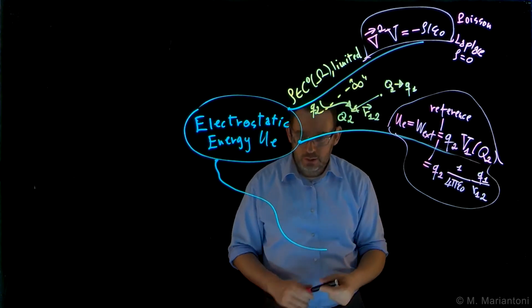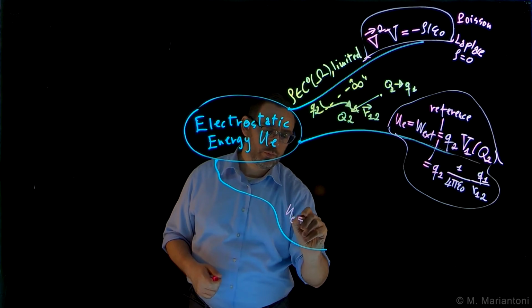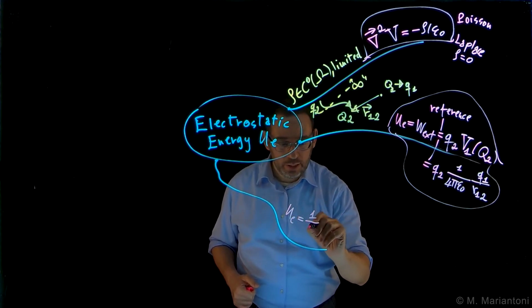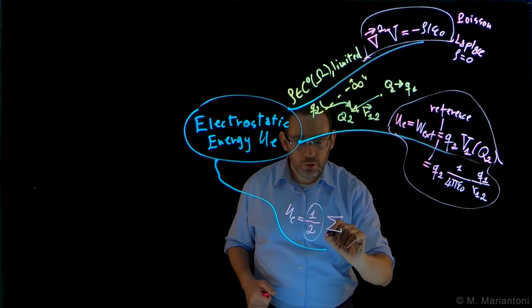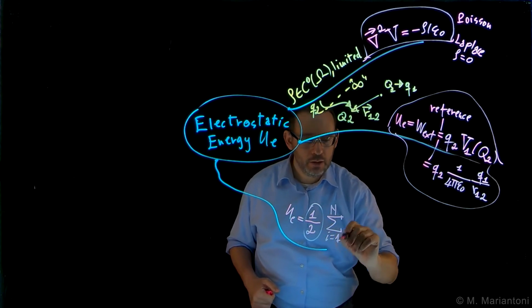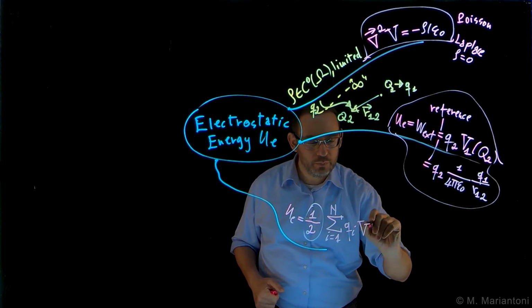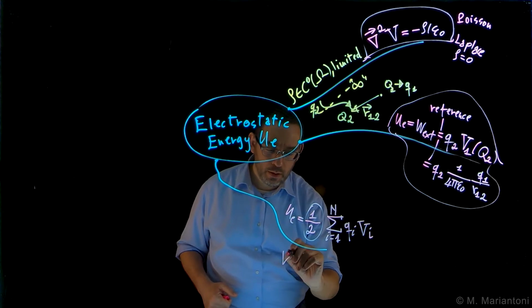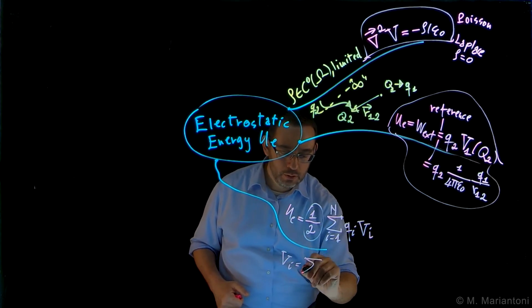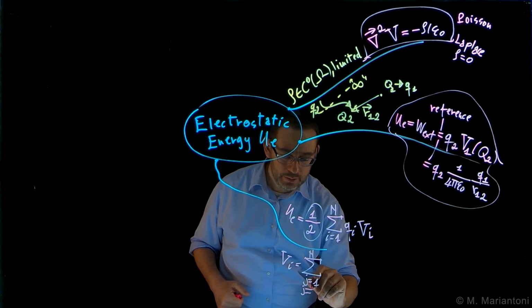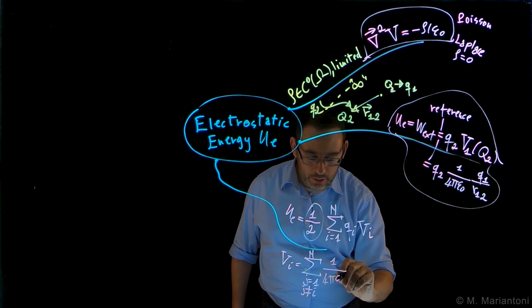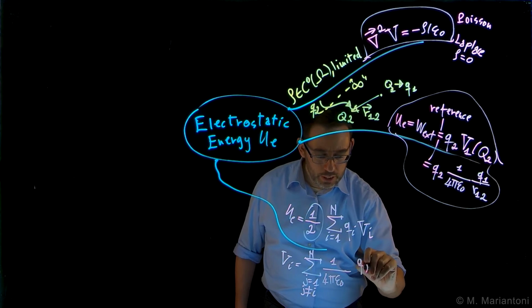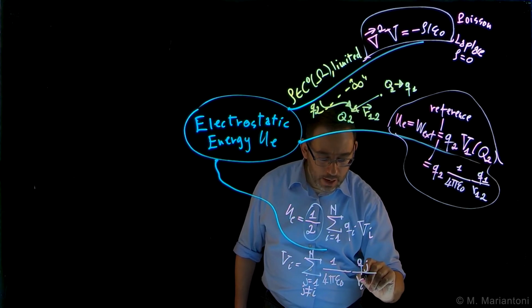So in this case, for a discrete charge distribution, UE is given by 1/2, and we delved a lot into this discussion, the sum for index i, which goes from 1 to the last particle, capital N, of Qi, the charge of the ith particle, times Vi, where Vi, I remind you, is given by the sum on another index j, which goes from 1 to capital N, with j different than i, of Coulombian type potential, 1 over 4 pi epsilon naught, Qj divided by Rij.